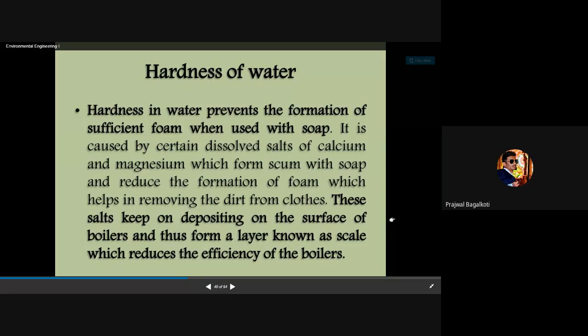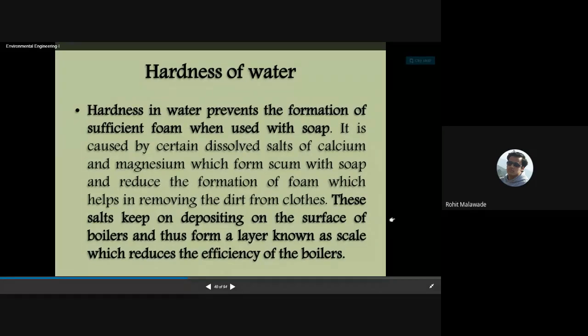It contains high calcium minerals and magnesium. Yes, it is going to contain high minerals. What minerals? Salts and impurities. Calcium and magnesium content, sir.